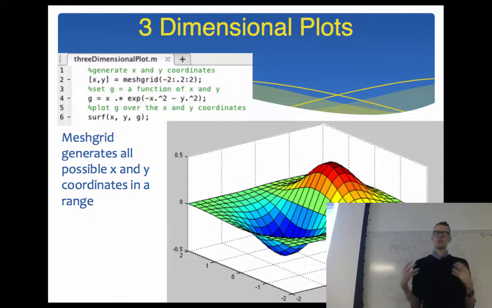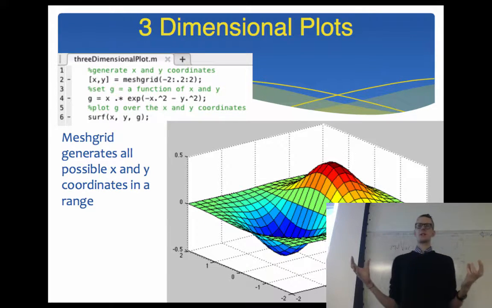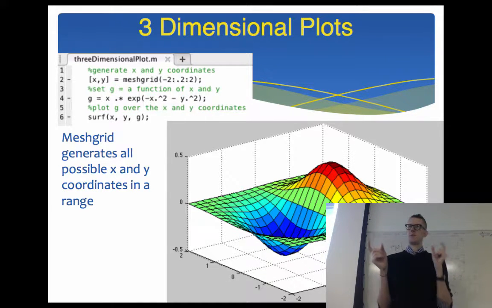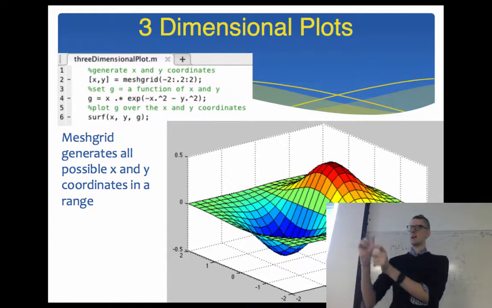If you imagine trying to define all of those points that you need to plot in this three-dimensional plot, you would need -2, -2. You would need -2, -1.8, -2, -1.6, -2, -1.4. And then you would also need -1.8, -2, -1.8, -1.8.